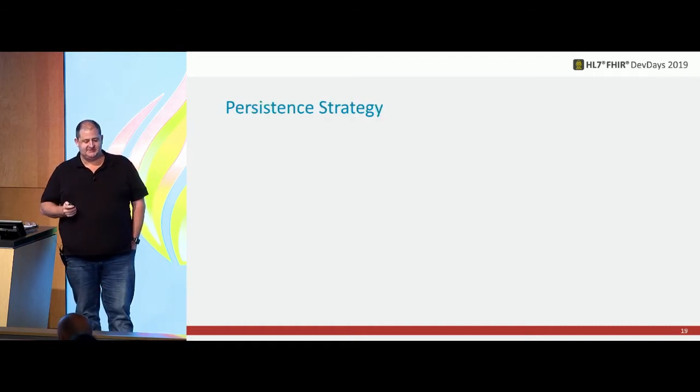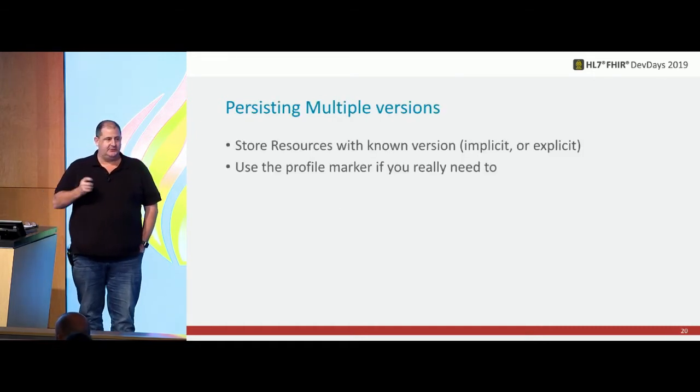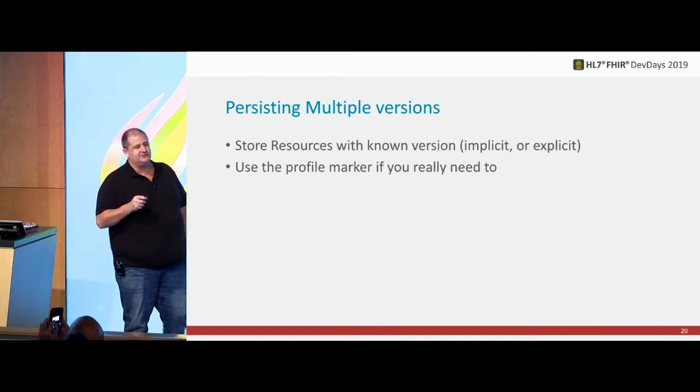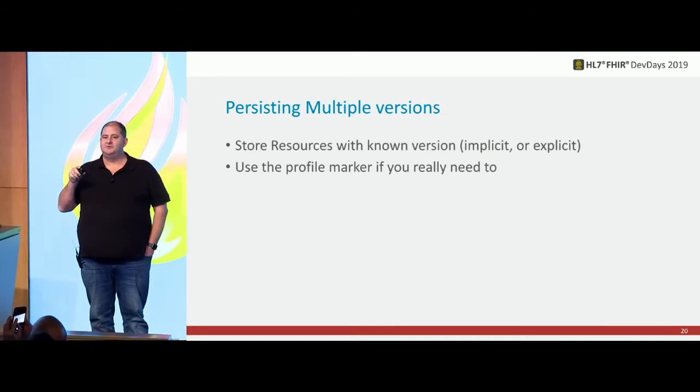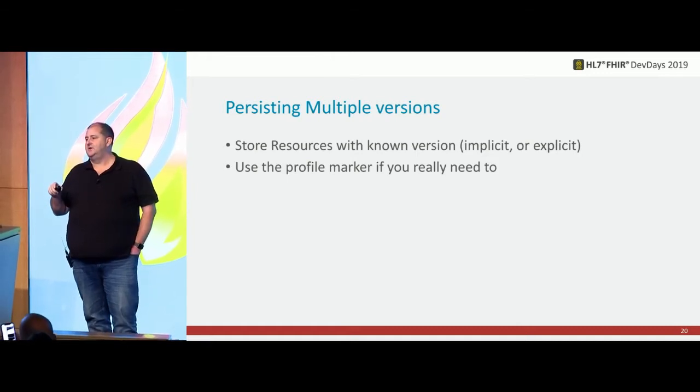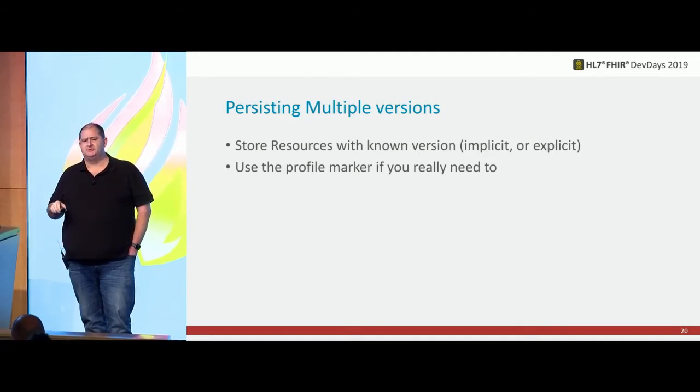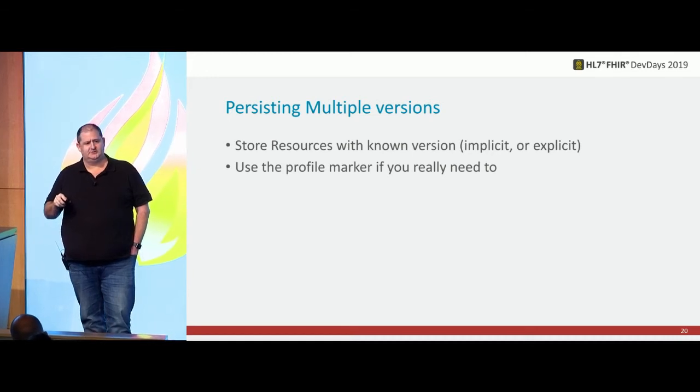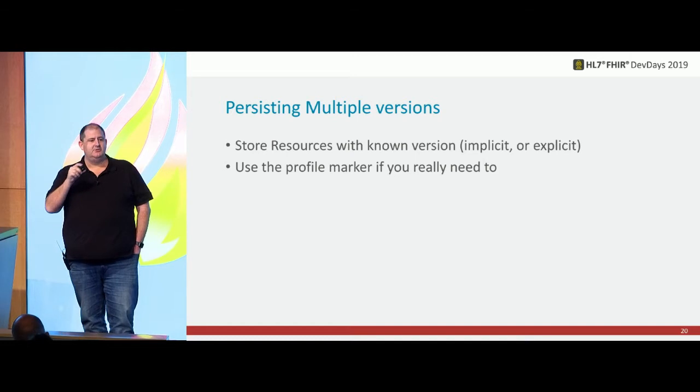When it comes to persistence, the first thing I say to people is if you're going to persist resources, you should always know what version the resource has. You don't want to be reading a persisted resource to find out what version it is. Store the version next to it unless you know the version.